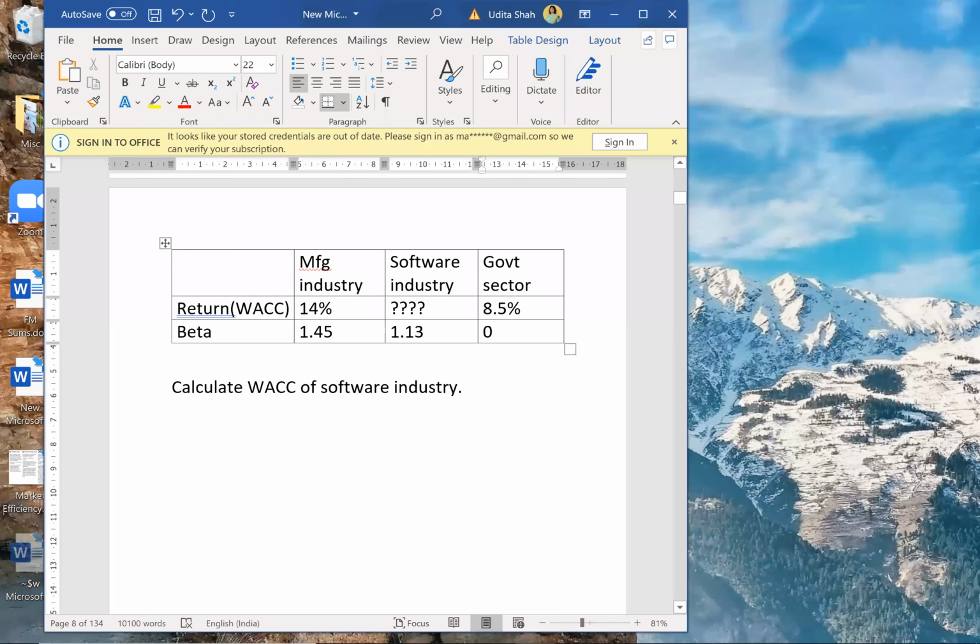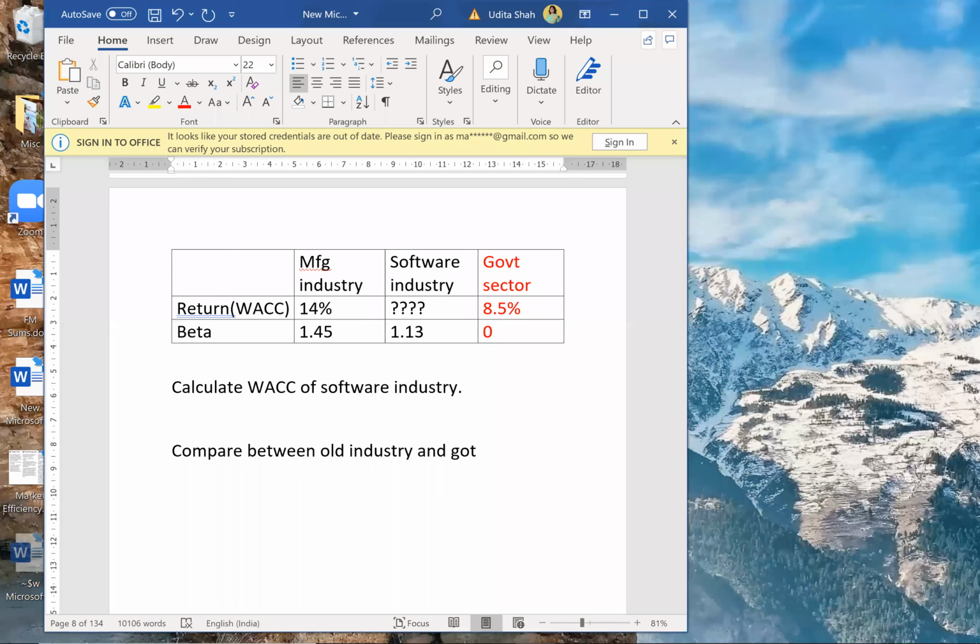So when you are comparing between three things, what will you do? Step one will be to compare between old industry and government. Step two will be to compare between new industry and the government.